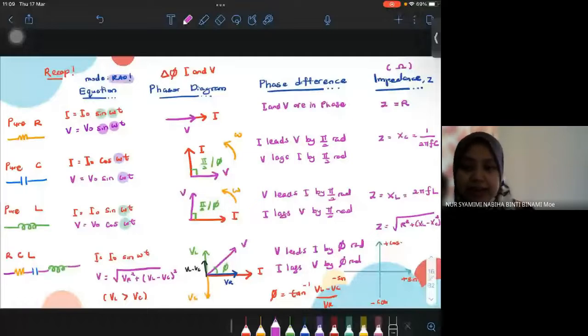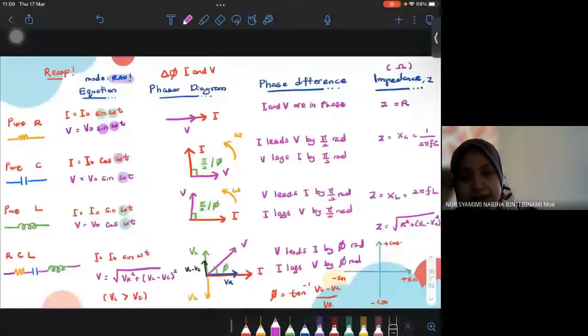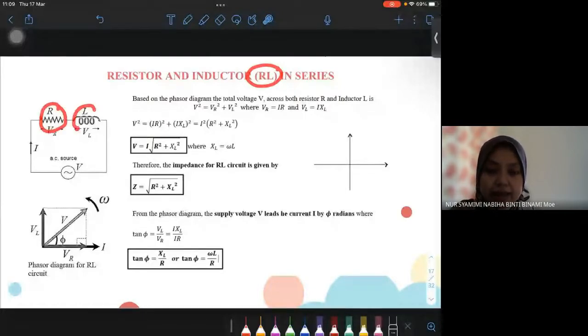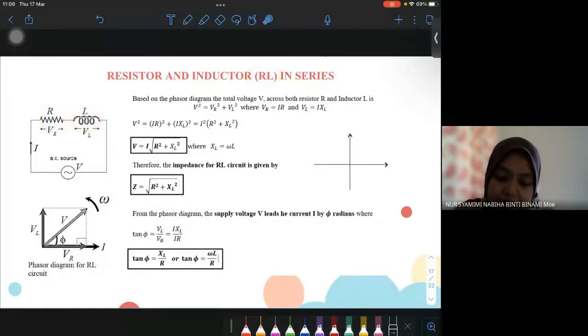Okay, hari ini kita nak sambung lagi, sebab kalau you dah faham RCL Circuit, hari ini kita nak masuk kepada RL Circuit sahaja. So, untuk RL Circuit, maksudnya dalam circuit kita hanya ada resistor and inductor. Kita tiada capacitor. So, for RL Circuit, we know we have AC source.